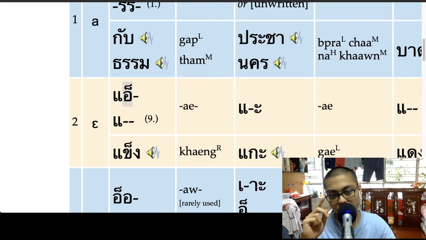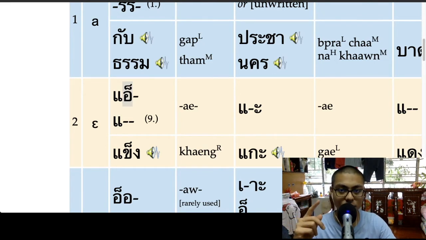We have eh. Closed means there's one more consonant. I'm not sure whether it has to be one more or maybe two, but there's at least one consonant after the vowels.